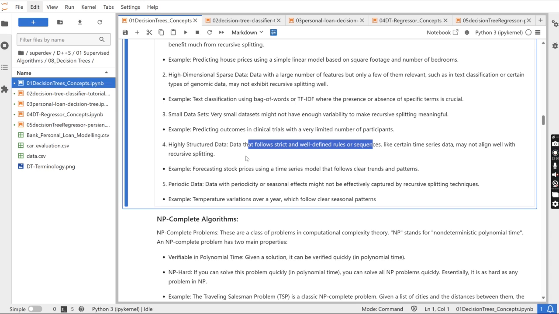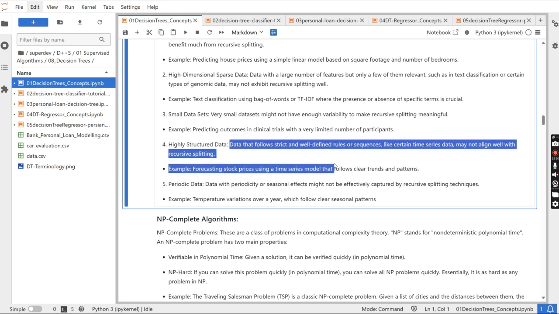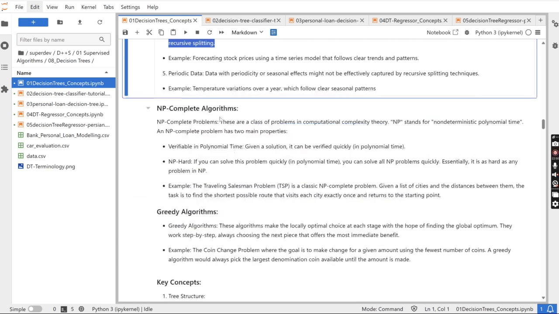So there are clear-cut rules about what constitutes a fraud and what does not. On such data, a decision tree is useless. Data where clear-cut rules are defined, there a decision tree fails.